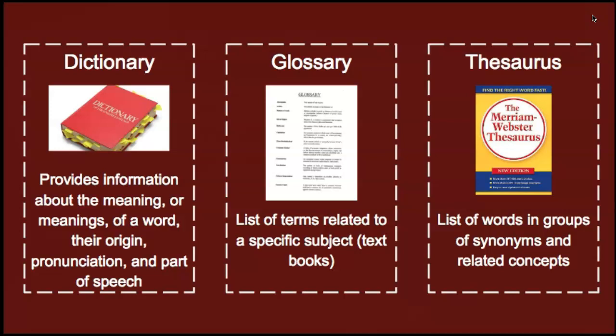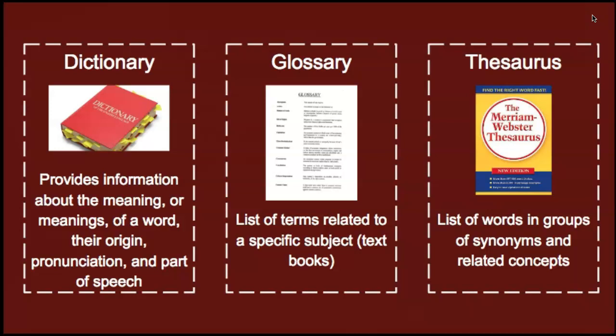The third one is a thesaurus. A thesaurus is a book or a resource where you look up the word, and it's going to have lists of words in groups of synonyms and related concepts. Let's say I'm writing a paper and I'm using the word sad in my essay or my creative writing piece, and I really want to figure out a different way to say the word sad.